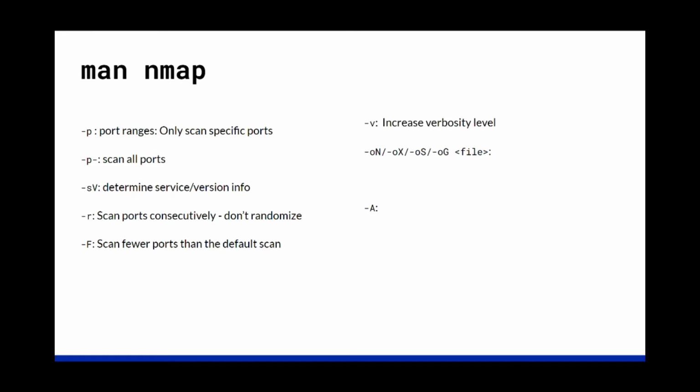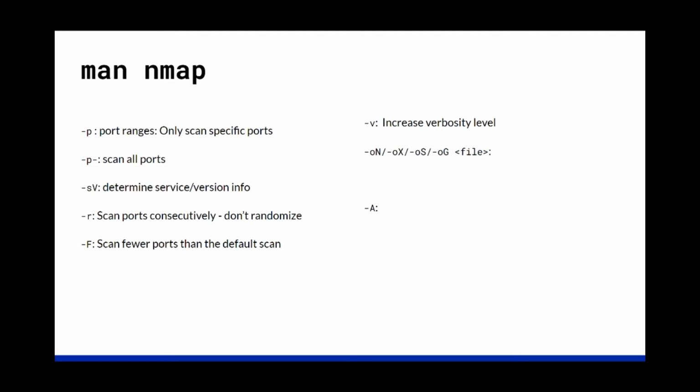And then we have -v, with which you get more verbosity in your scan. You usually do -v for your second scan, for your aggressive scan, which I will go into later, because you want to get all the information, it might be useful. It is very loud, so just keep that in mind.